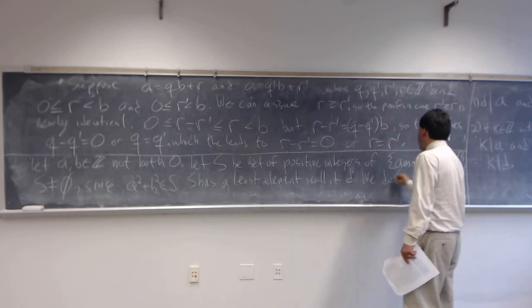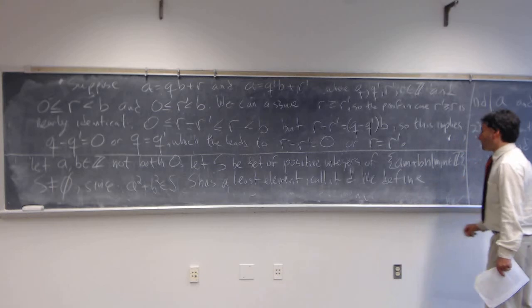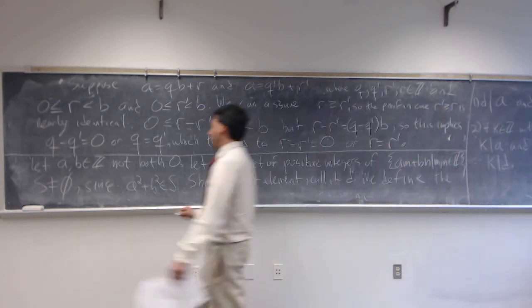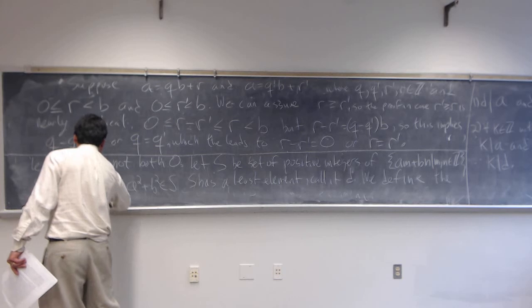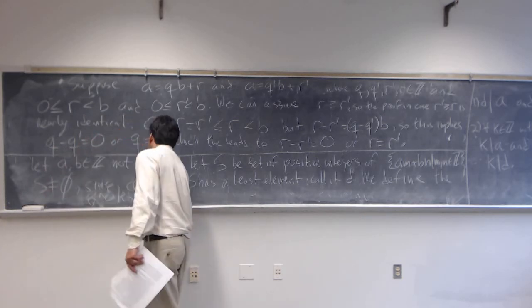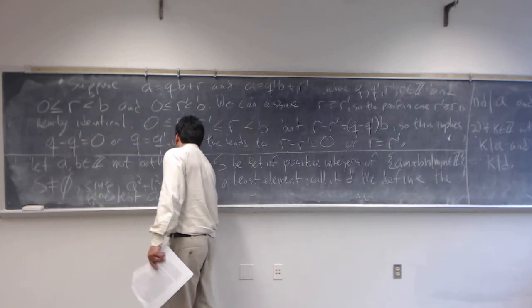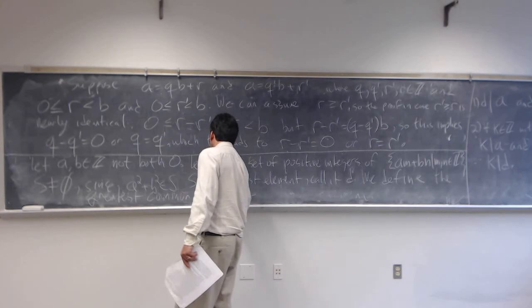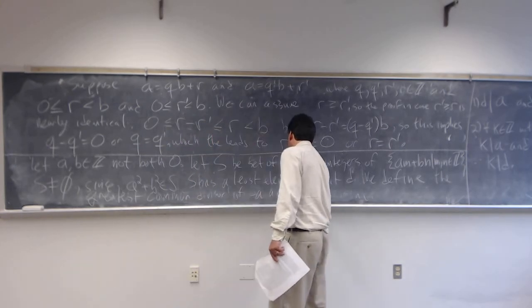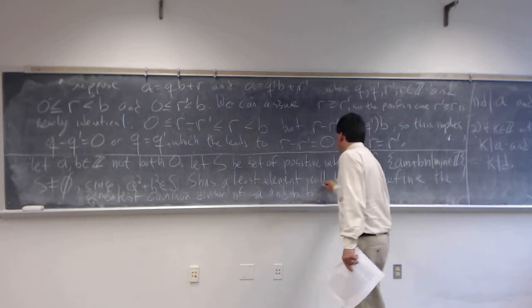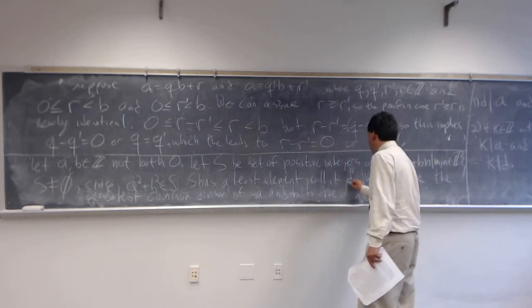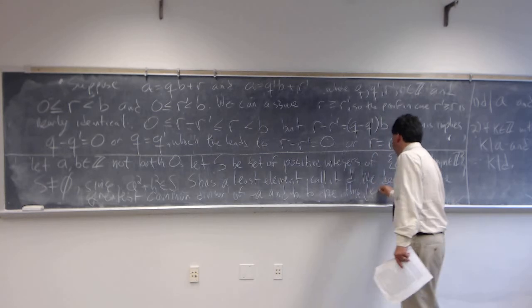By definition, that's the way I'm going to choose to define it. We define the greatest common divisor of A and B to be this least element.